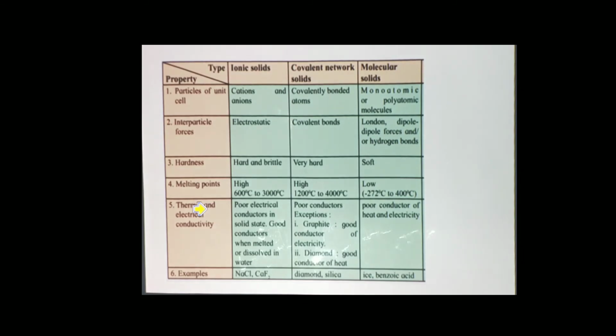So depending upon the nature of these molecules, different forces exist between interparticles. In case of non-polar molecules, London forces are there. In case of polar molecules, dipole-dipole interaction or dipole-dipole forces are there. In case of hydrogen bonded molecular solid, hydrogen bond is there.